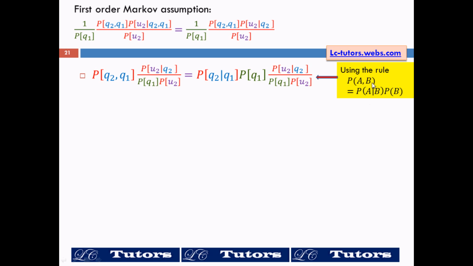Basically, probability of A comma B, that means if you have two dependent events, you select the first event B, then multiply by the second event, that is, given B, what is the probability of A. So you can calculate this one.